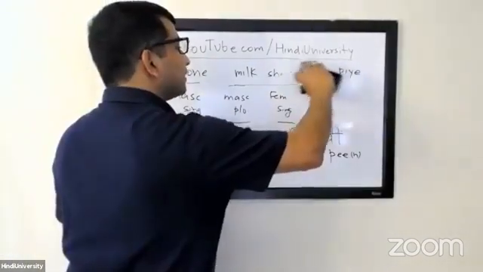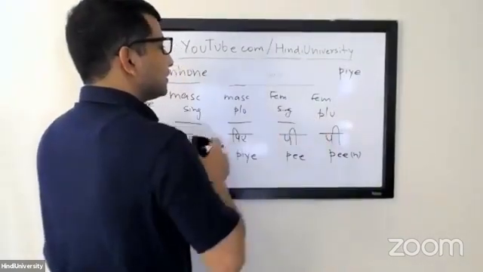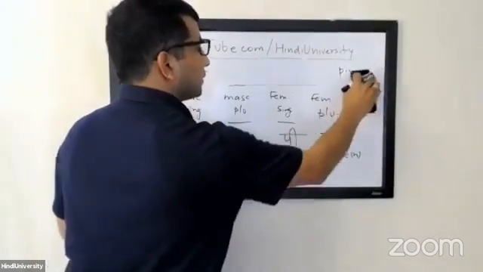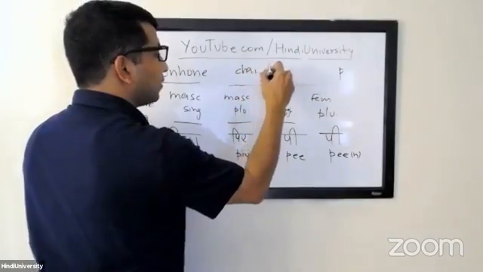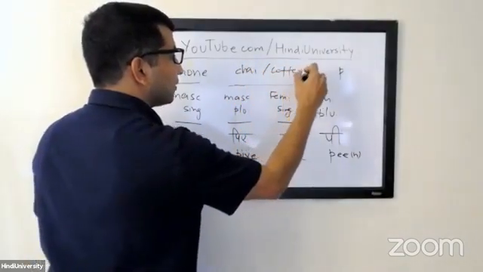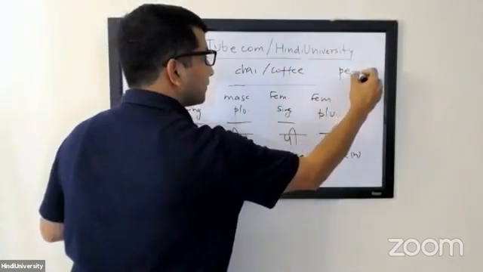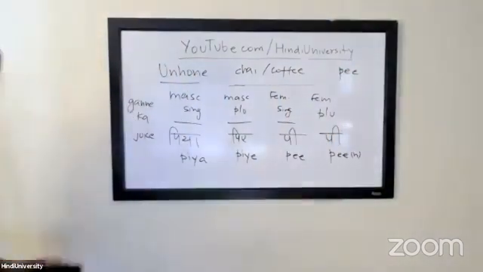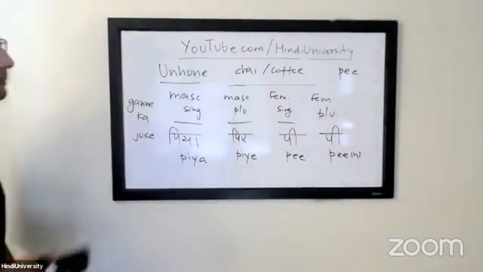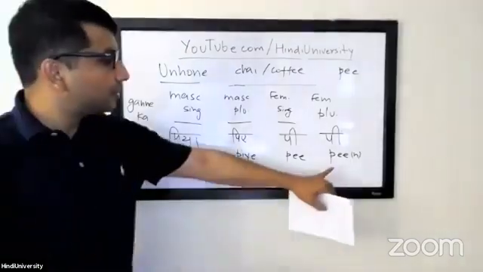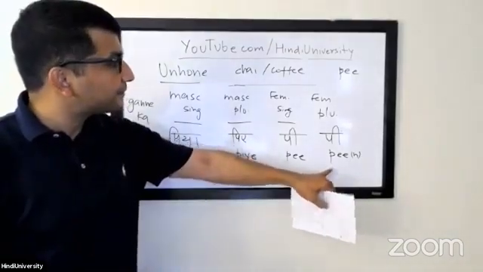So if I'm saying tea or a coffee, right, then you can say unhone chai pi, or unhone coffee pi. And just like that, if you want to say multiple coffees or chai, then it will be pi. Okay, right? Unhone bahut sari chai pi.